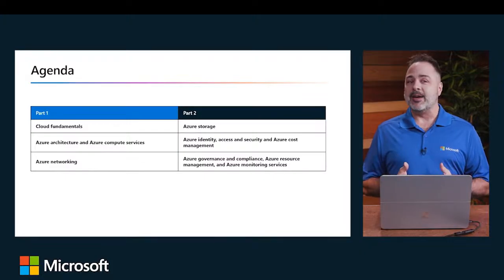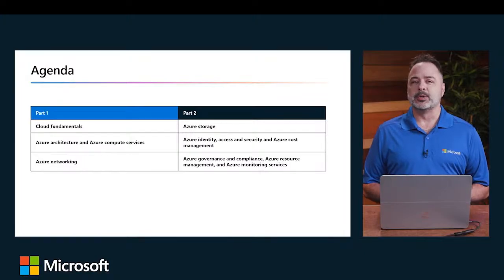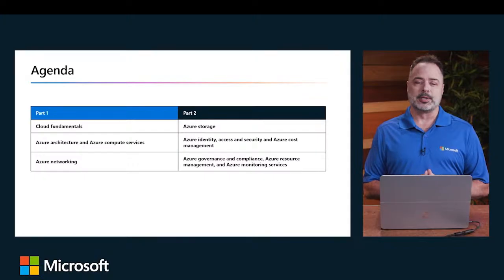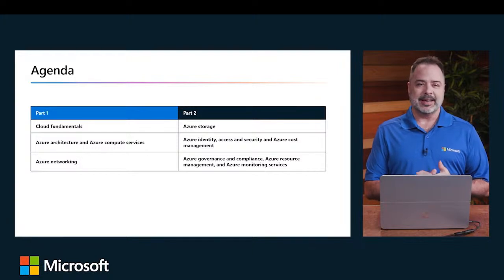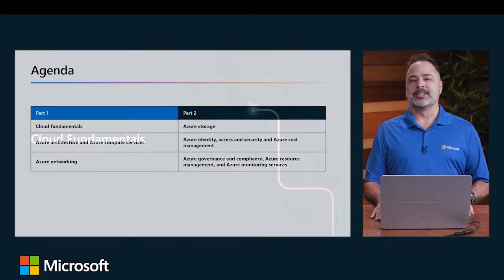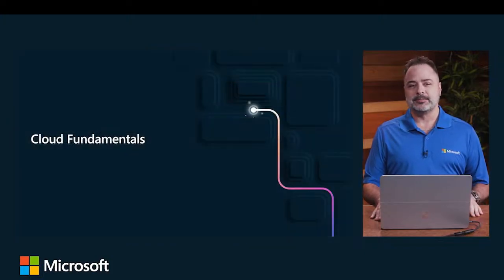And in Session 5, we'll explore identity, access, and security within Azure, as well as Azure Cost Management. Then finally, we'll wrap up the course with Session 6, where we'll cover Azure Governance and Compliance, Azure Resource Management, and Azure Monitoring Services. With that, let's get started with Session 1 on Cloud Fundamentals.